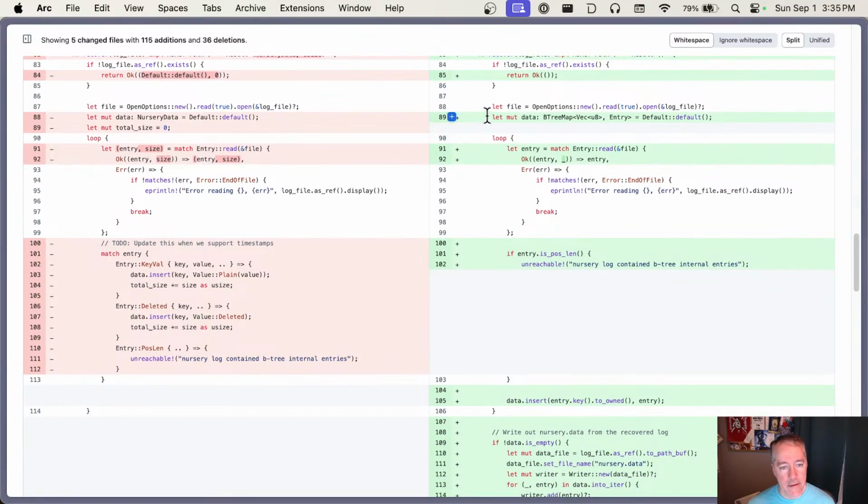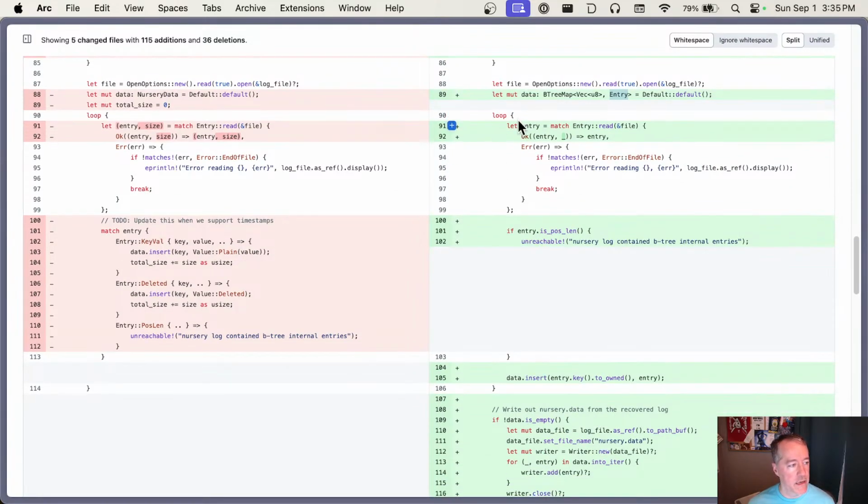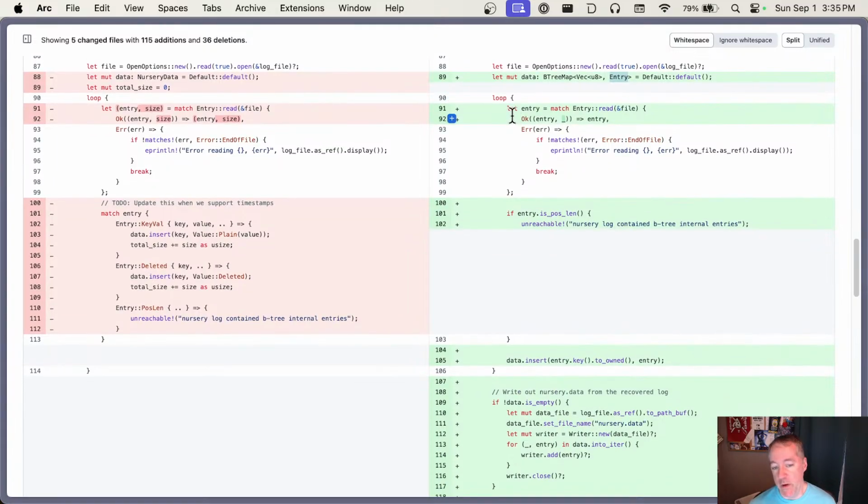And then we create a B-tree map of evacuates for the keys and entries, and this is what we're going to recover into out of the log file, so we can get it back into a data file. And going down here, over on the left we were just returning this data, but we don't need to return it this time because we just write it back.